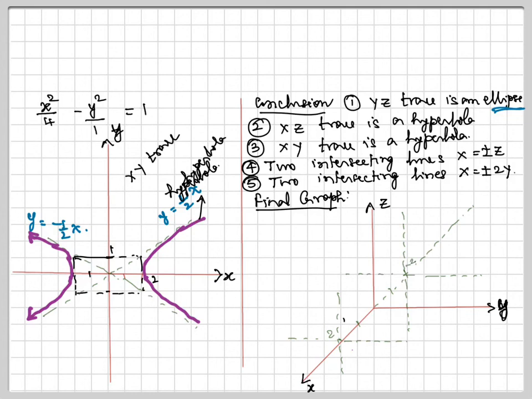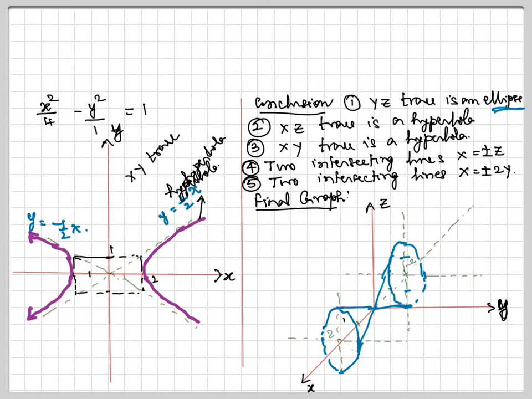At x equal to negative 2, in that plane, you are going to have an ellipse. That's what we showed in the beginning. And then the other traces are all going to be hyperbolas, and then you're getting those intersecting lines as well.